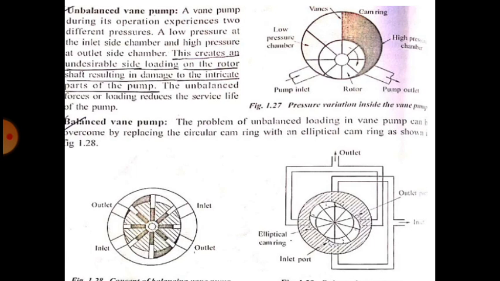Since the casing is elliptical, and at the center the rotor is rotating, as the rotor rotates the volume increases and again decreases. On two sides the volume increases and on two sides the volume decreases. Where the volume decreases, there the outlet is, and where the volume increases, at two points, there are the inlets.